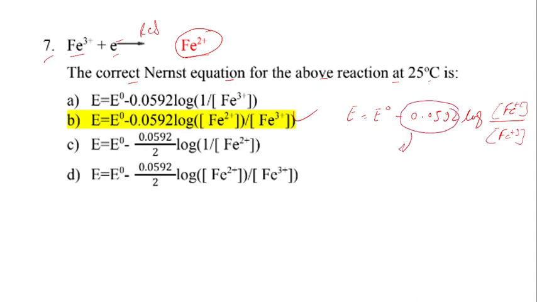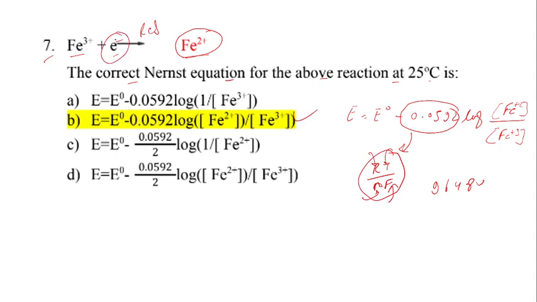This is derived from RT upon nF. R is the gas constant, T is temperature, n is the moles of electrons taking part in the reaction, and F is Faraday's constant, which is 96,480. These are all constants. The n value you can find from the reaction.